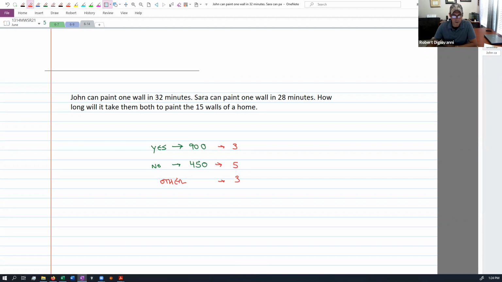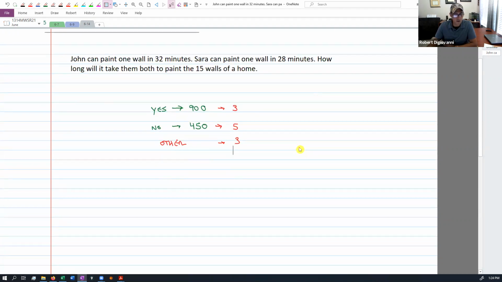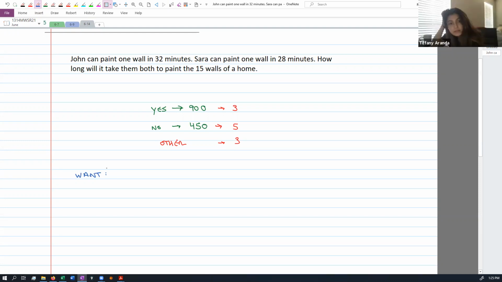Okay, so let's see what's correct. Does anyone want to help set this up, maybe by telling me what we want in the problem? We want to know the amount of time it would take to paint 15 walls.